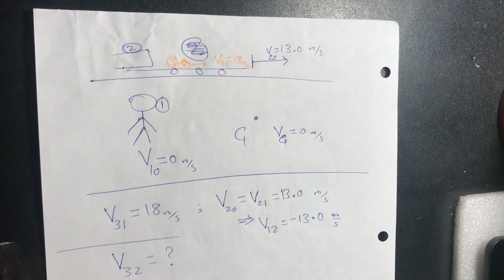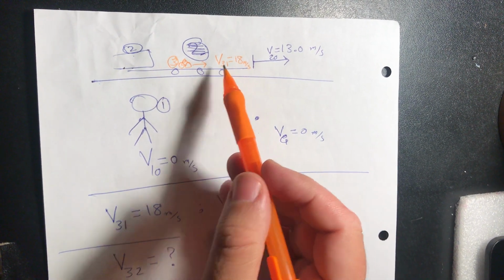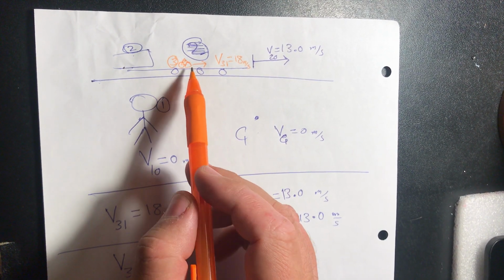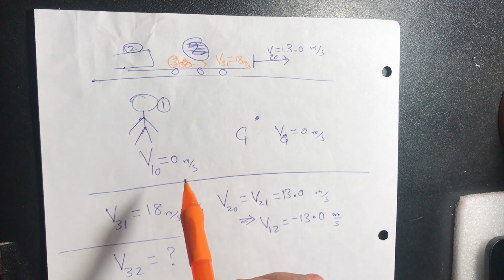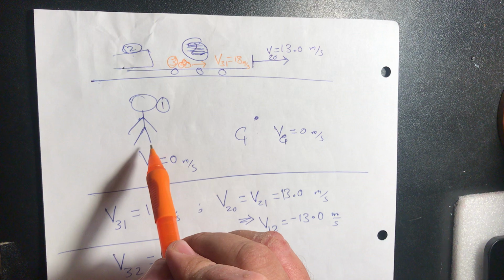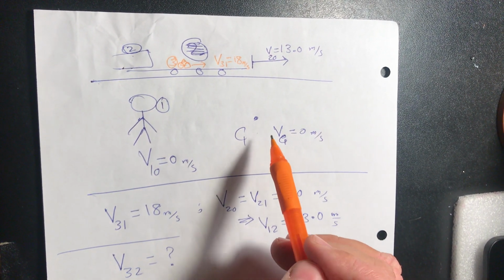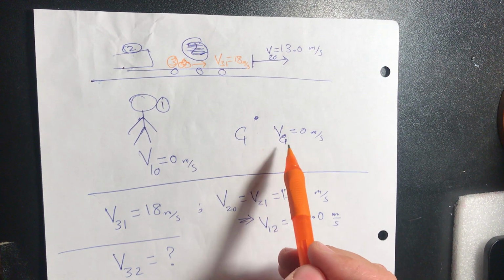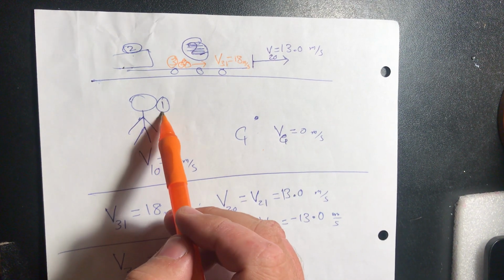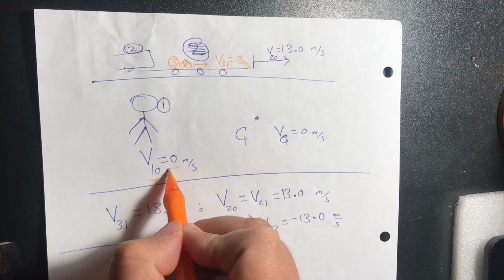The third one is about relative velocities. We have a train, and there is a bicycle or a motorcycle on it. Its velocity with respect to a person on the ground, stationary, is 18. So let us look at this. The ground, I give it Vg equal to 0, and the person, I name it number 1, V1 with respect to the ground is 0.